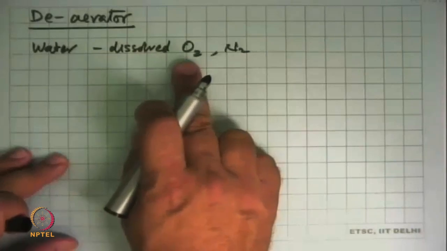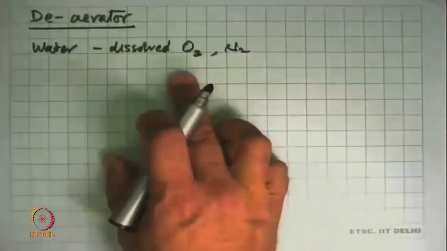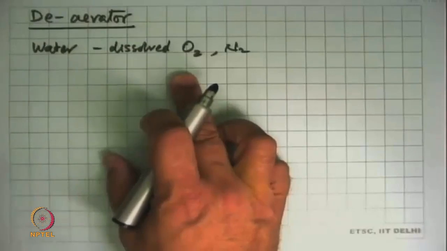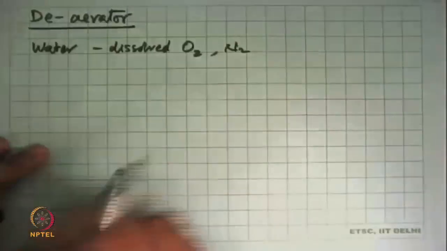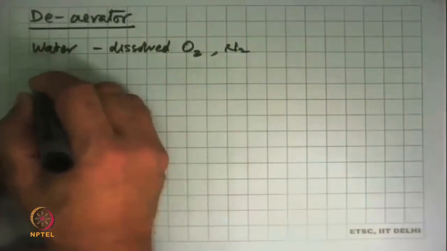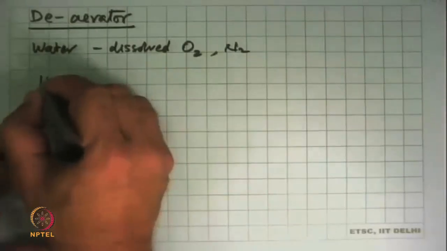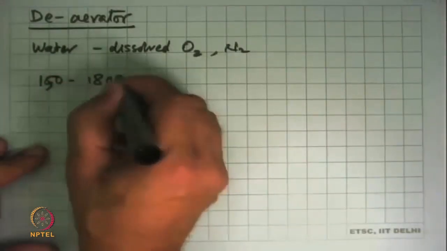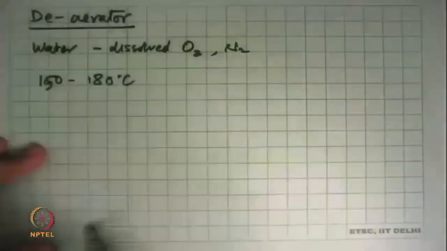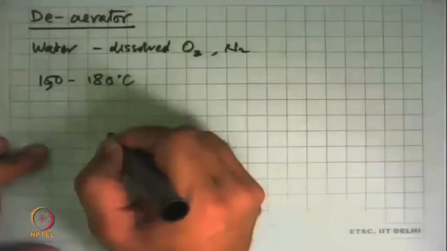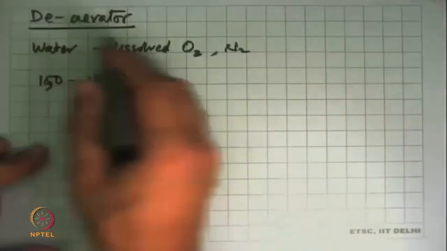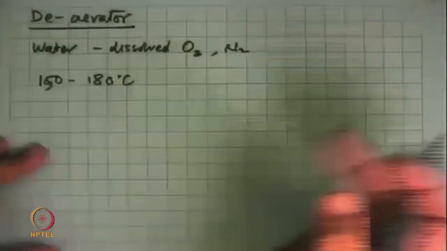This is something we definitely don't want in a machine like a power plant or even the steam system of a submarine powered by a steam turbine, because we want that to last for 20, 30, 40 years. So we need to remove this. What we do is heat the water to a temperature of around 150 to 180 degrees Celsius and allow some of the oxygen to come out. This reduces the concentration of oxygen in water, and then we get deaerated water, which is then put through the boilers and the turbines.